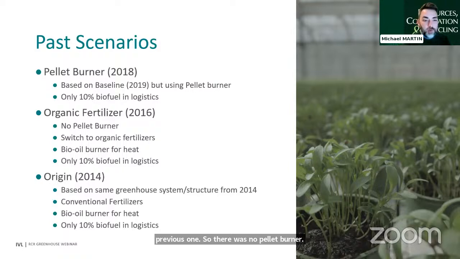And then we went back to the origin one. This one was basically the same, but it didn't have organic fertilizer. It only had conventional fertilizer. So we had the recipes that they used then for 2014, which they gave us. Again, it had no bio oil burner and about 10% biofuel in logistics.